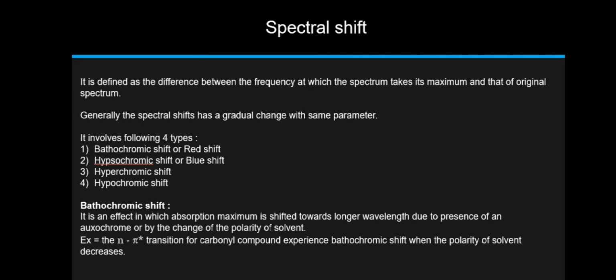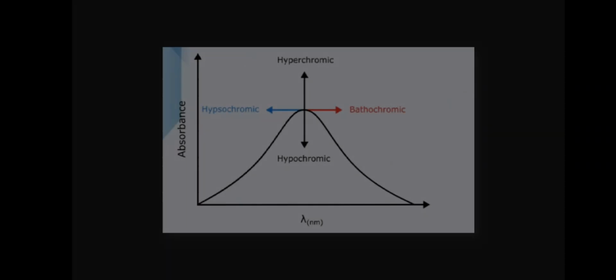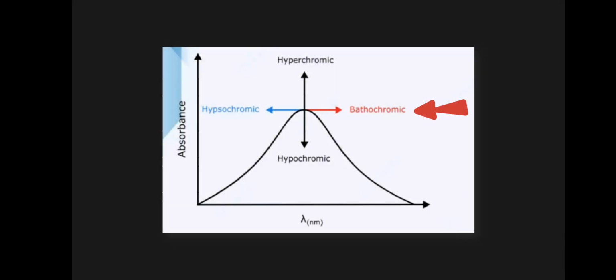So, we will see first bathochromic shift. It is an effect in which the absorption maximum is shifted towards longer wavelength due to the presence of an auxochrome or by the change of polarity of solvent. So in bathochromic shift, the graphical view shows that the maximum is shifted towards the right side, that is longer wavelength.